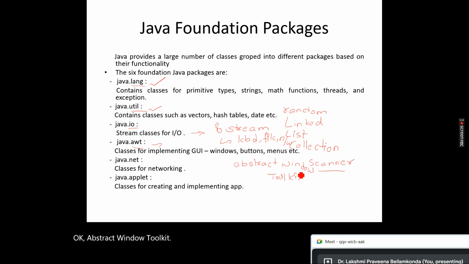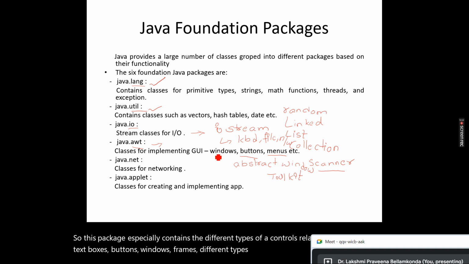This package especially contains the different types of controls related classes, like list boxes, text boxes, buttons, windows, frames, and different types of scroll bars. All those related classes will be there in the AWT.